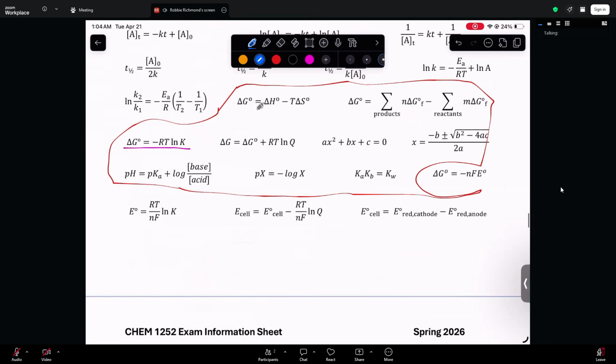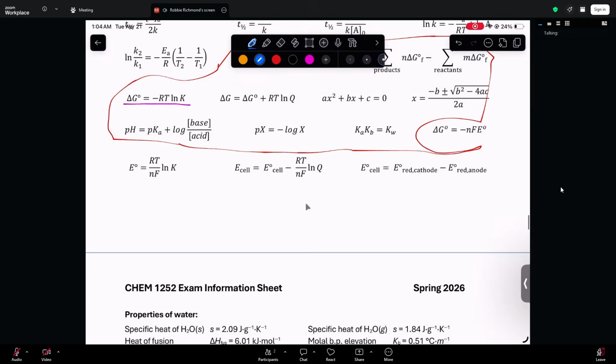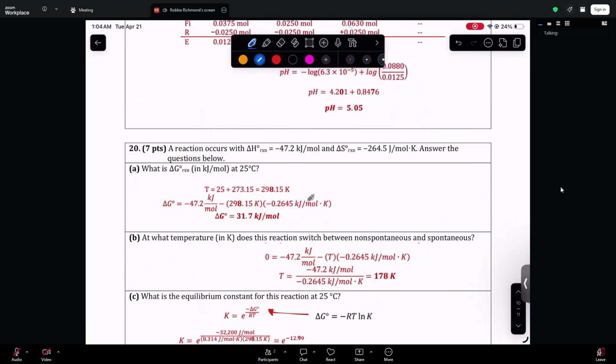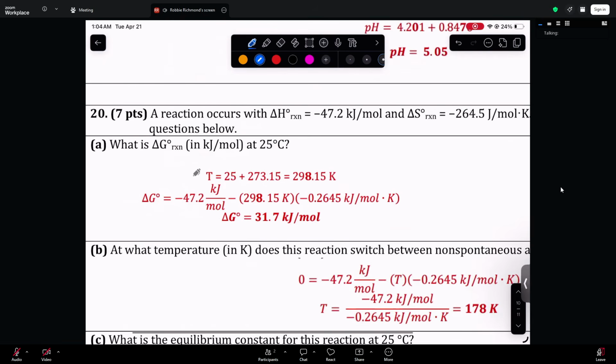Delta G equals delta H minus T delta S. So you have to convert your temperature to Kelvin, and it's just 273.15 plus its degrees. And plugging in the actual numerical values, be very careful.